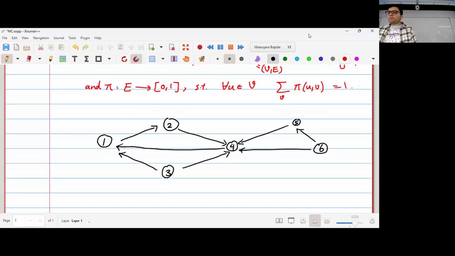Now I want to also assign a probability to every edge. And the sum of the probabilities of the edges going out of every vertex should be 1. So this is my function P that is assigning a probability, and I'm going to write it in red.